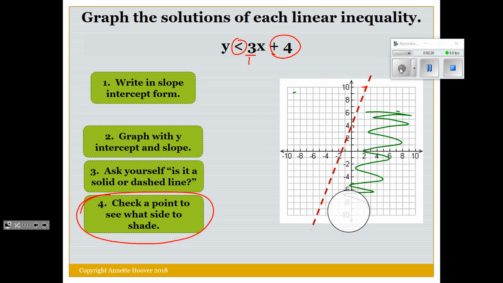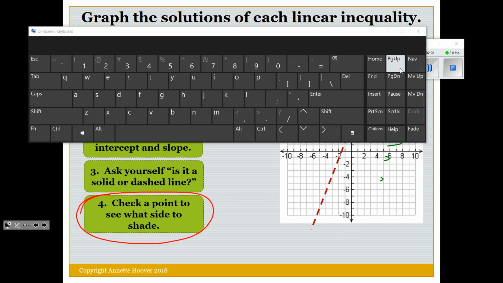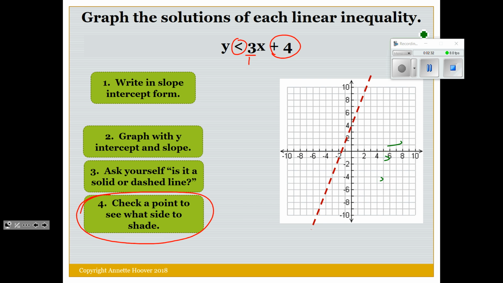So you have to look at and discover which one it is. Since this is less than, we're always going to be on the bottom of the line. So look at the way the line is positioned. What looks like it would be beneath it? It looks like this side would be beneath it, but we can check it.